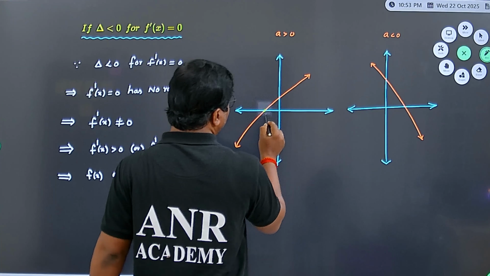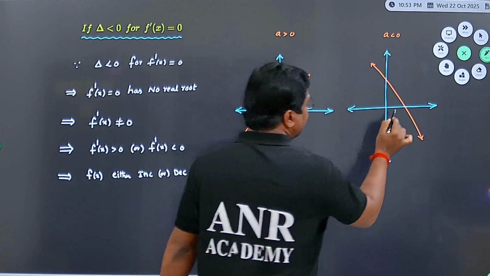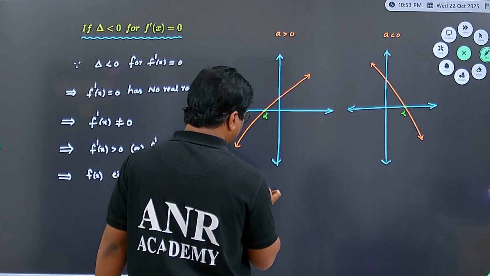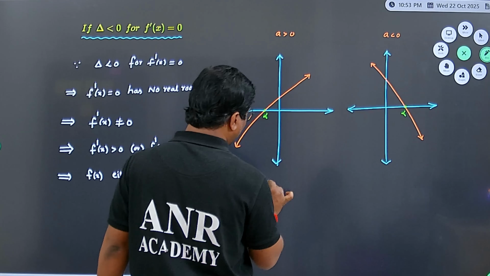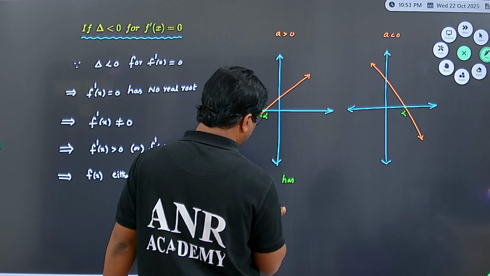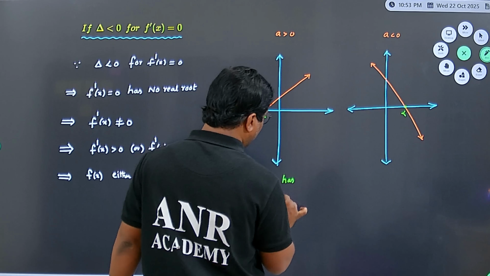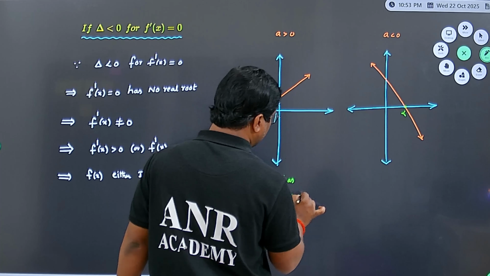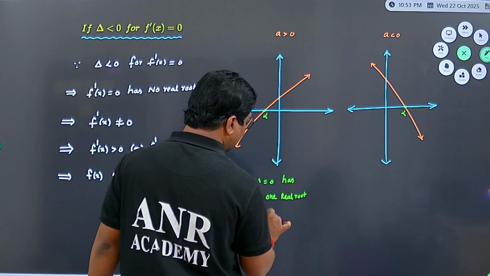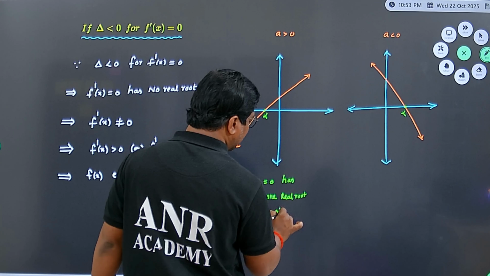Here, this is alpha. Therefore, I can say that the cubic polynomial f of x equal to 0 has only one real root and the remaining two complex conjugates, remember.